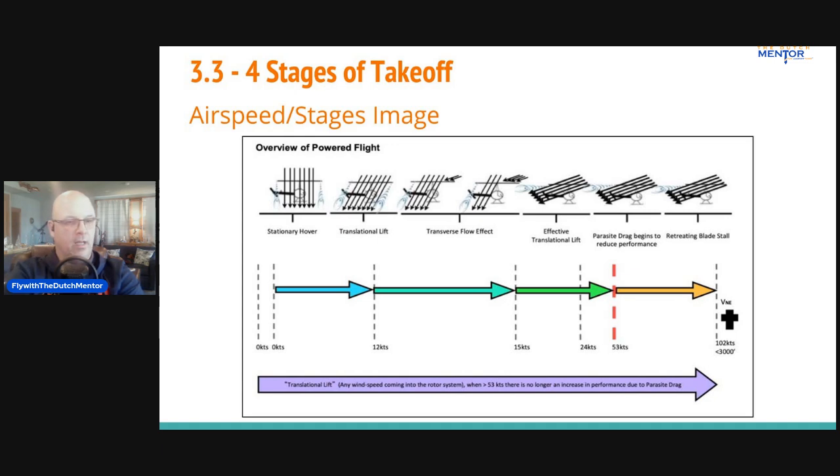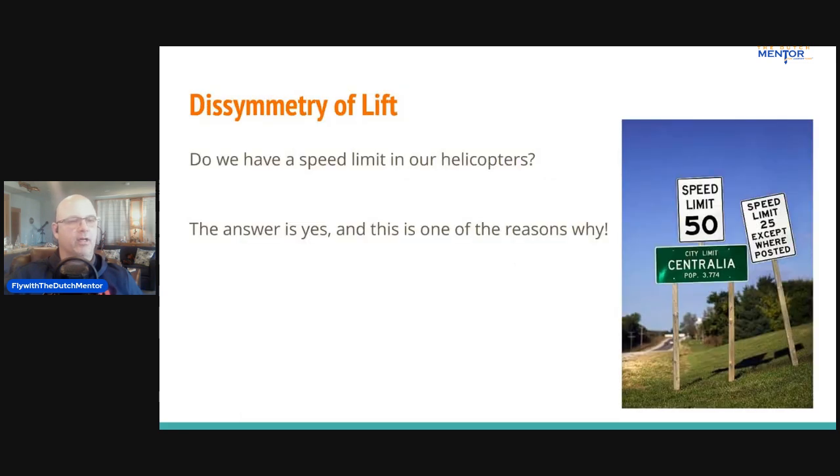We talked about that. It happens at 130 knots, or if higher winds or higher weight, it happens at a lower point itself. Here it is just a matter of slowing down the aircraft in order to get out of it. All right, the symmetry of lift.